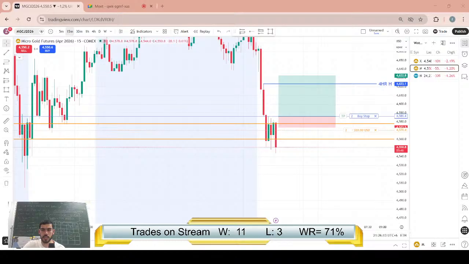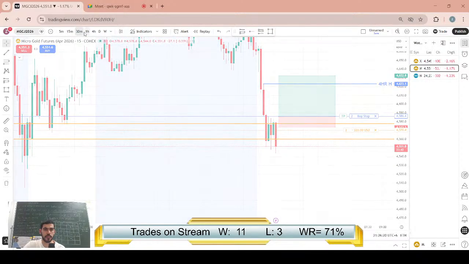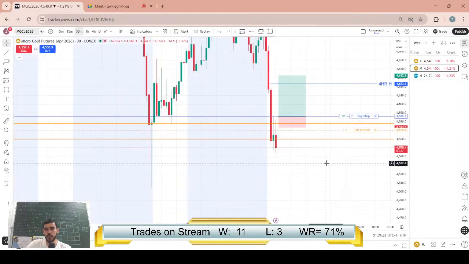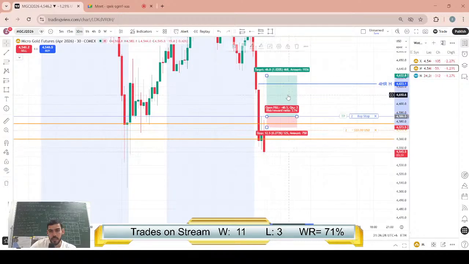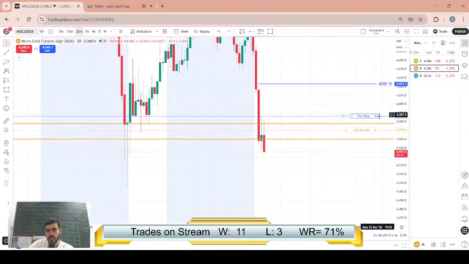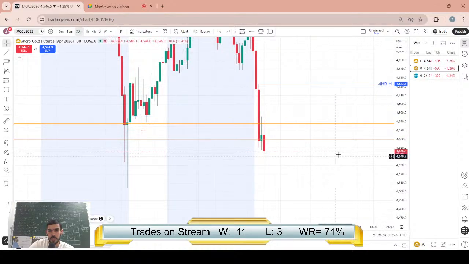Alright, so it looks like it's breaking down now. I think it broke the 1 hour, and it broke the 30 minute. I don't think this buy stop is necessary anymore. Let's remove that.